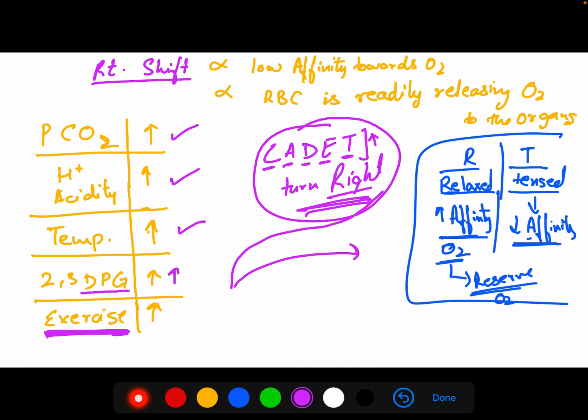I'll just remove it. So basically these are the factors that will shift the curve towards right.